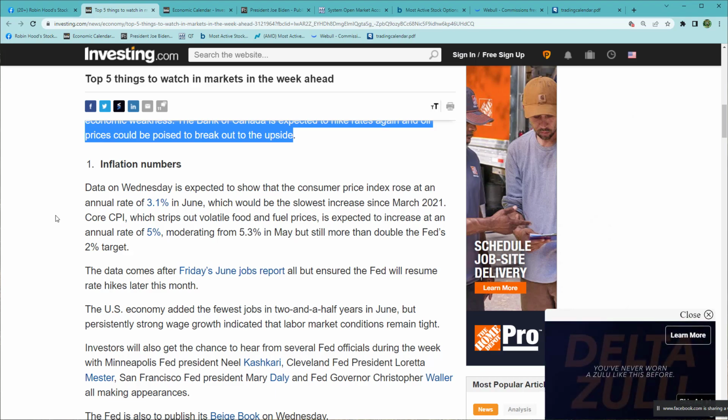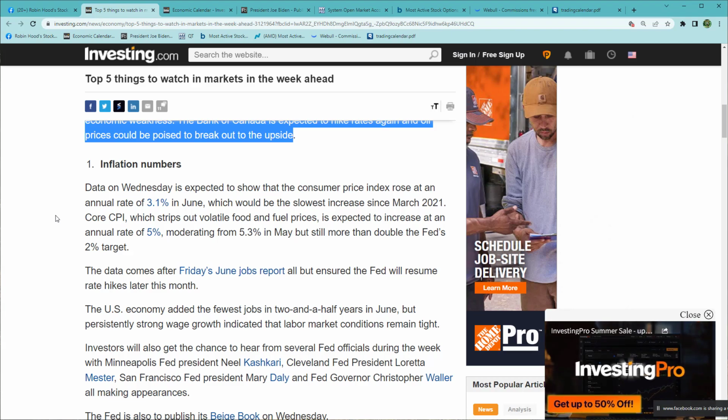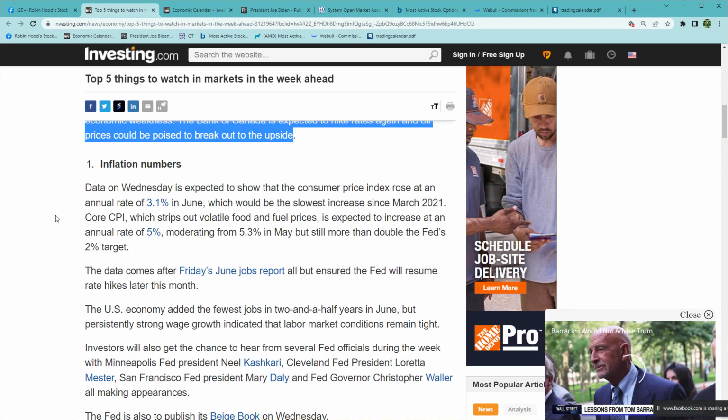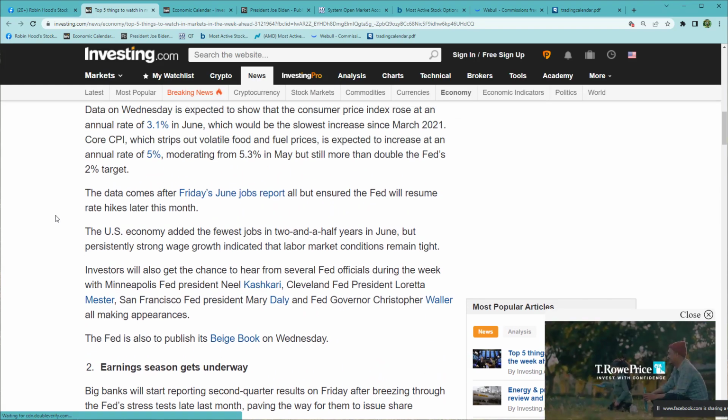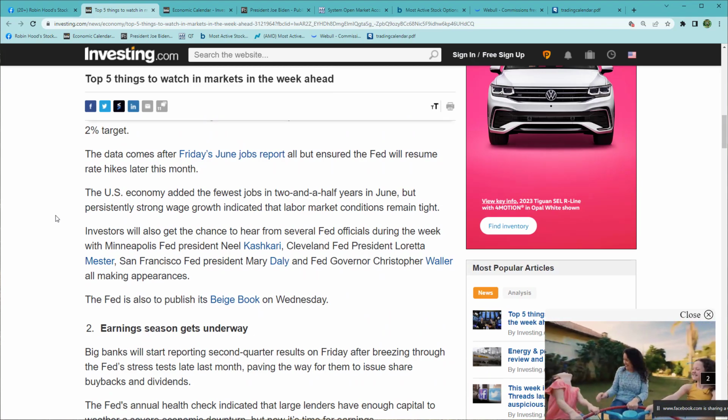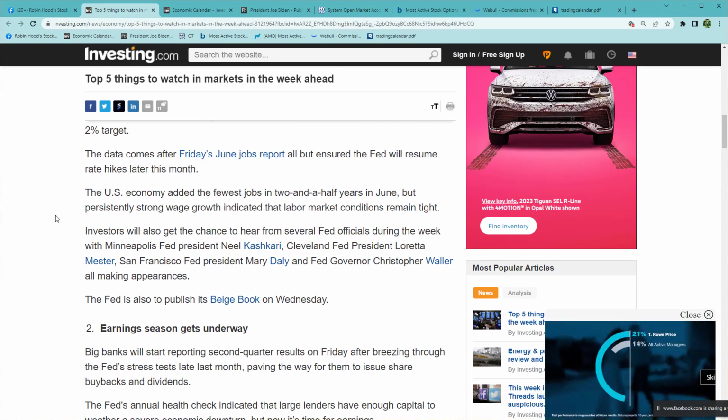The core CPI, which strips out volatile food and fuel prices, is expected to increase at an annual rate of 5%, moderating from 5.3% in May, but still more than double the Fed's 2% target. So they could easily have more work to do, as they say, to increase interest rates.